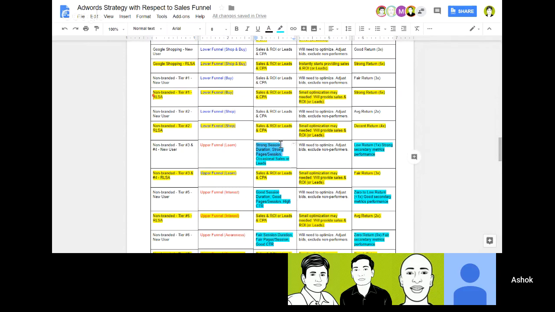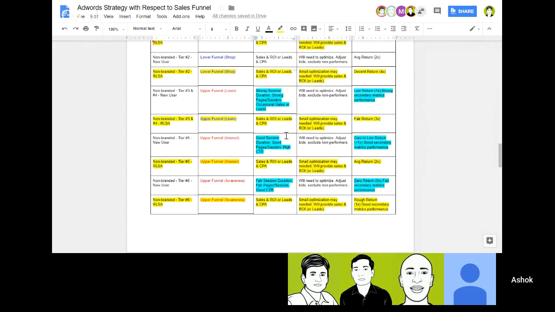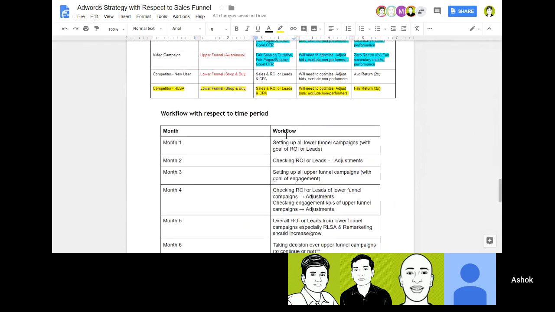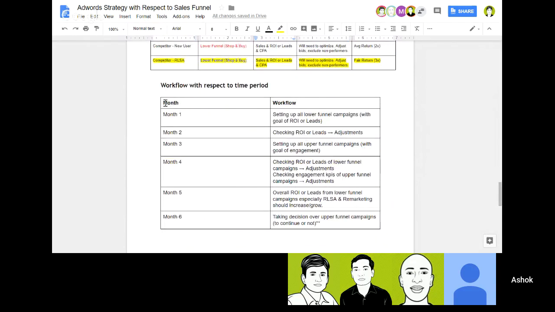You will have to import these metrics from Google Analytics into your AdWords, and you will need to use these as conversions to effectively check how they are performing on the engagement front. So all of these color highlights, whatever the color, this is actually an engagement metric.